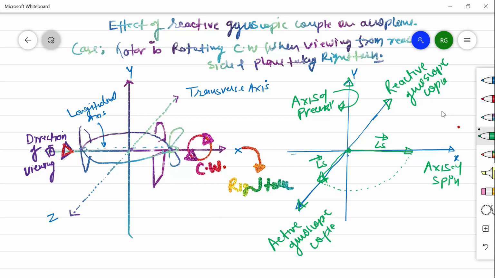Now we want to find out the effect of the reactive gyroscopic couple. This is the reactive gyroscopic couple, and if this is the direction of the couple, or you can say reactive gyroscopic torque, then we know the sense of rotation. We can say this will rotate the system in this direction.